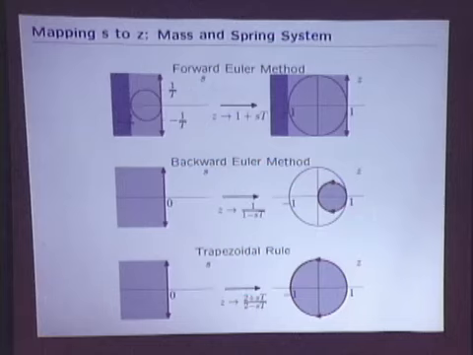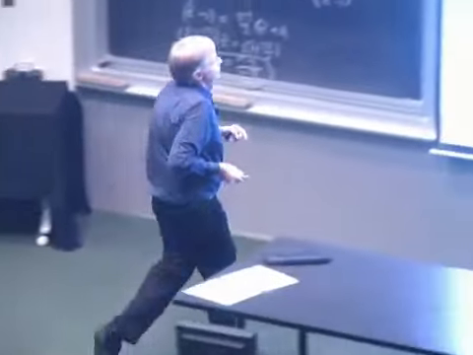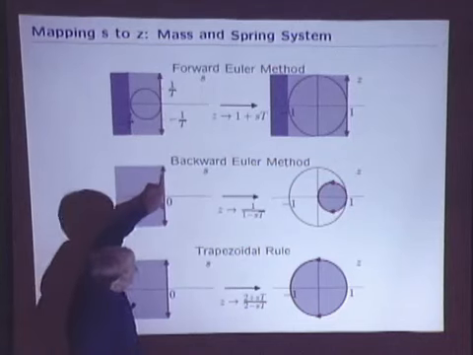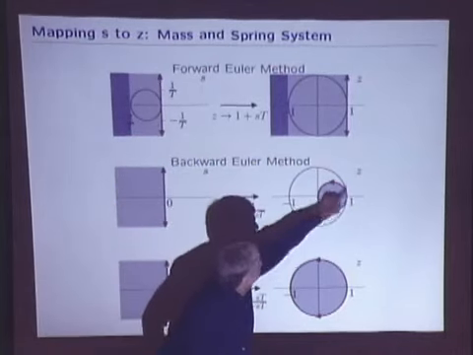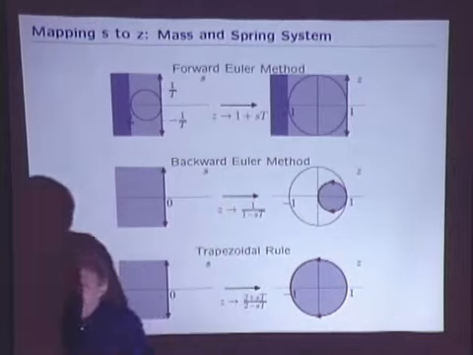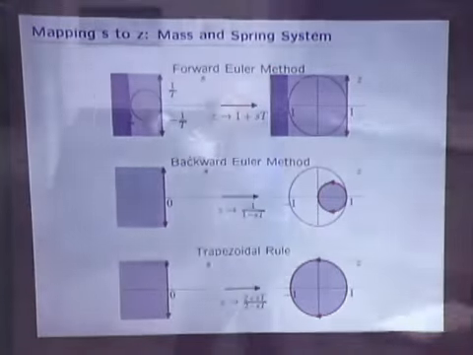But in the mass spring problem, the poles were on the imaginary axis, which means that in the Euler forward method, the poles went outside the unit circle. That's the reason the solution to the mass spring problem diverged. In the Euler backward method, the poles that were on the j omega axis mapped to the perimeter of this inside circle. That's why they converged.